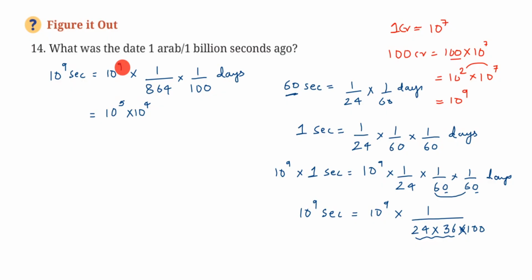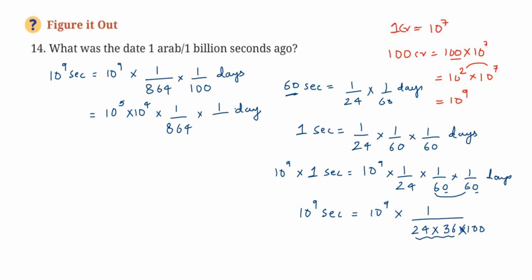Now this is 1 divided by 864 times, and here I have 1 by 100 days. Now this 1 by 100 or 1 divided by 100, how can I write this?